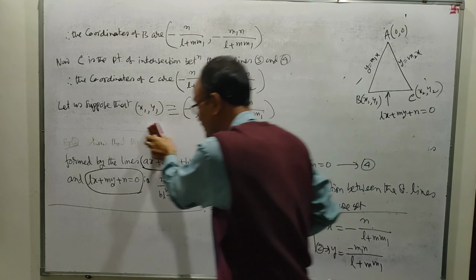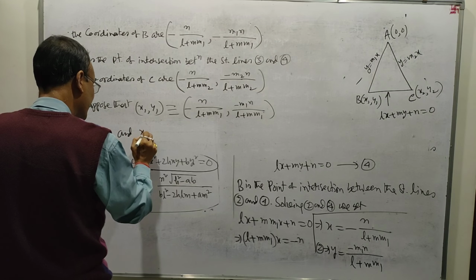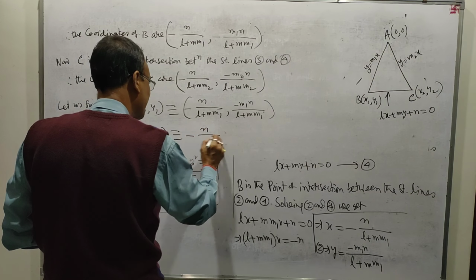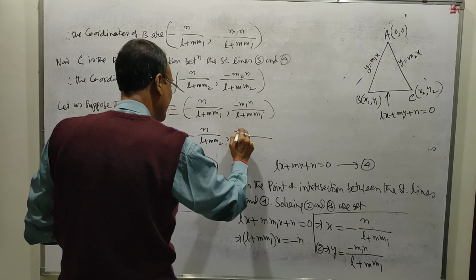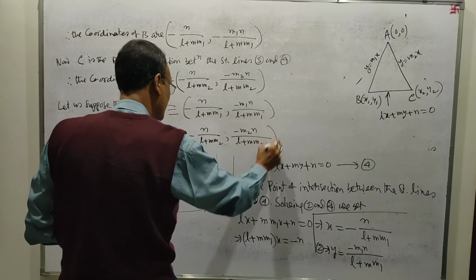And x2, y2 is equivalent to minus n divided by L plus m m2, minus m2 n divided by L plus m m2.